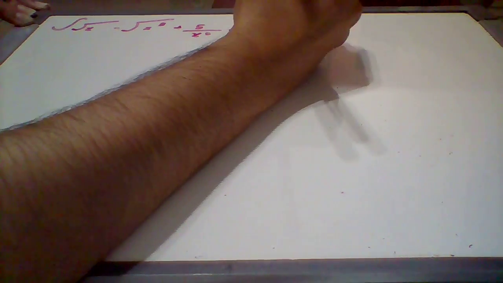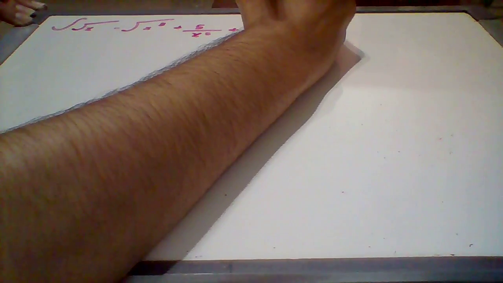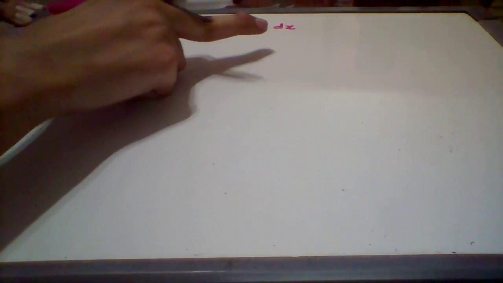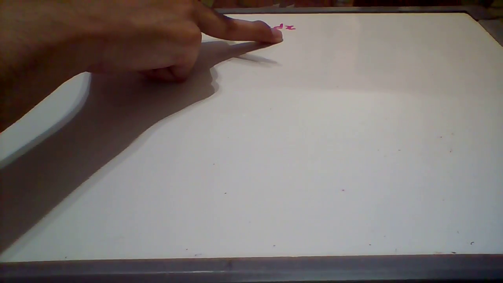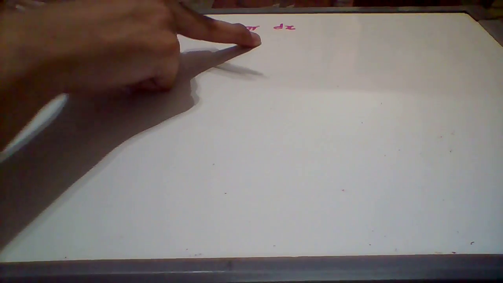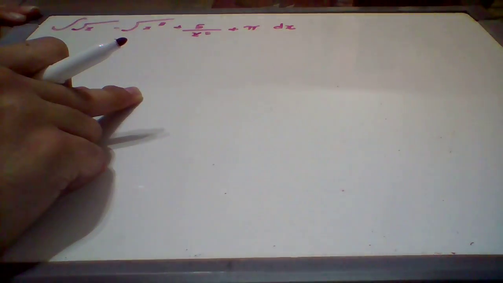The square root of x minus the square root of x cubed plus 5 over x cubed plus pi dx. So I need to take its antiderivative.